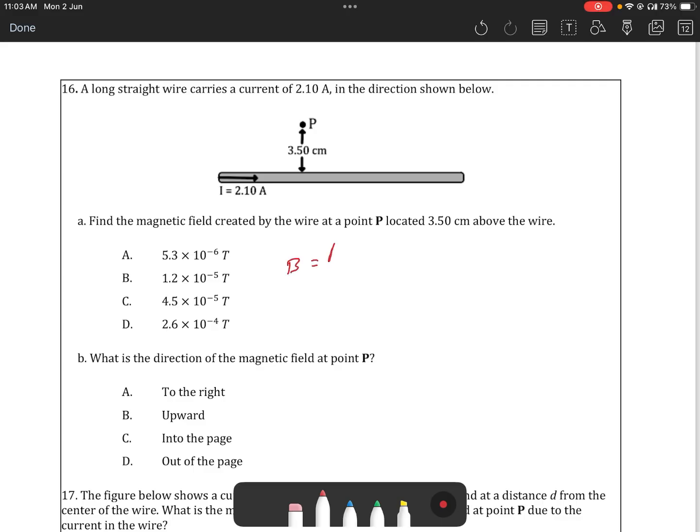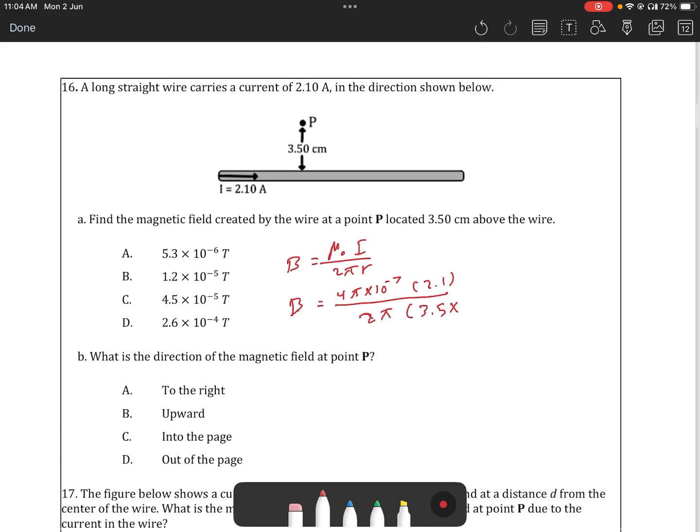B equals mu 0 times I over 2 pi R. B equals, the mu 0 is constant, which is 4 pi times 10 power negative 7, multiplied by I, which is 2.1, over 2 pi times the distance, which is 3.5 centimeters, so times 10 power negative 2.